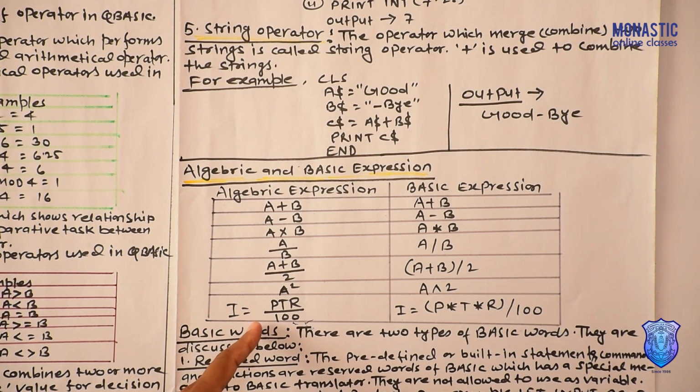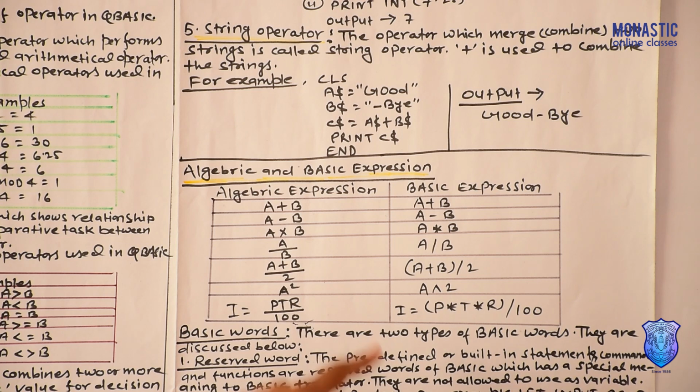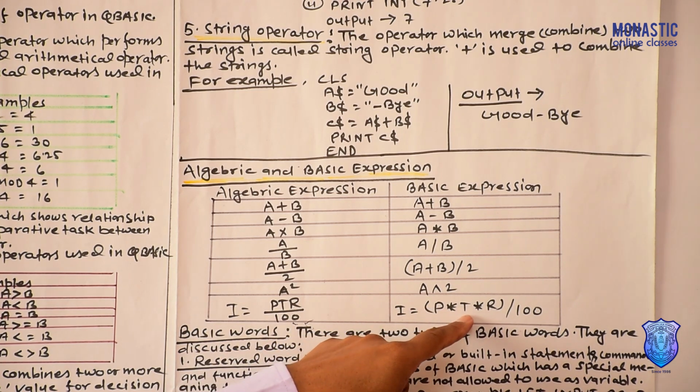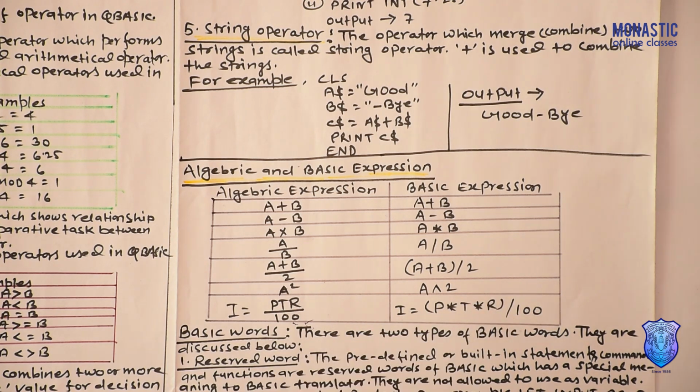Next, I equal to PTR by 100 is written as I = P * T * R / 100.